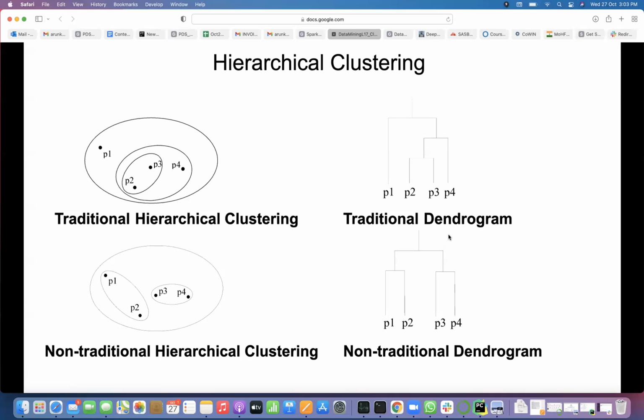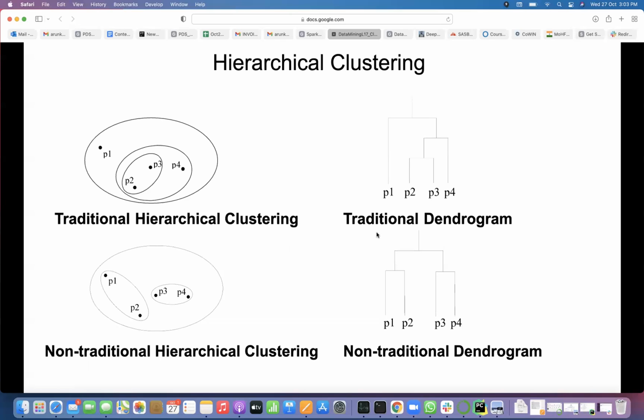Then the traditional dendrogram: each one is actually a subcluster of another cluster. So for P4, if you give two clusters, immediately you should be able to say which is the supercluster and which is the subcluster. That is the traditional dendrogram. A dendrogram is the name of how we represent this tree type of structure.